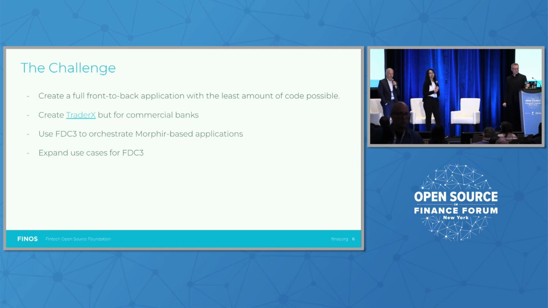Yeah, and just a quick note. A really big motivator here from the FDC3 side was to really look at how do we expand the use cases that FDC3 can address. For those of you familiar with FDC3, and I see some of you in the audience, you've probably seen a lot of the same demos of FDC3 over and over again, of broadcasting between, let's say, a grid and a chart or something of this nature.